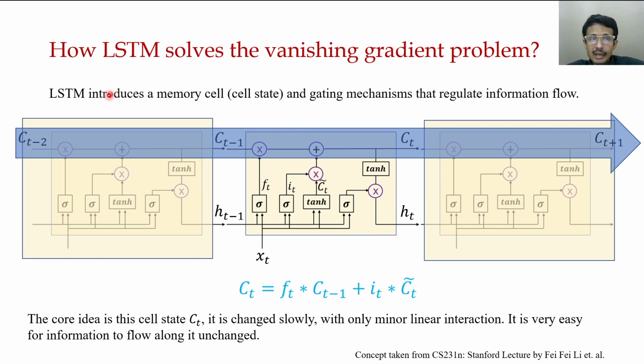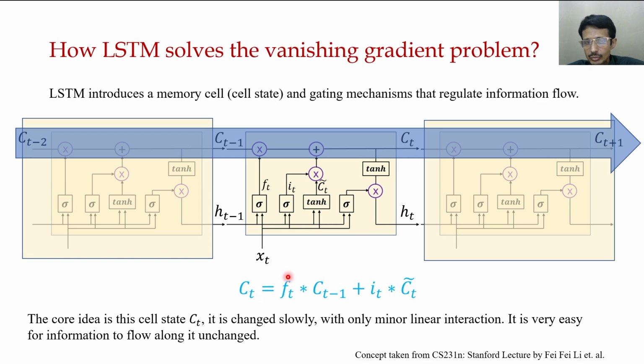Now we can see the LSTM introduces a memory cell called the cell state, and gating mechanisms, the forget gate, input gate and output gate, that regulate the information flow by virtue of the equation that we have discussed.